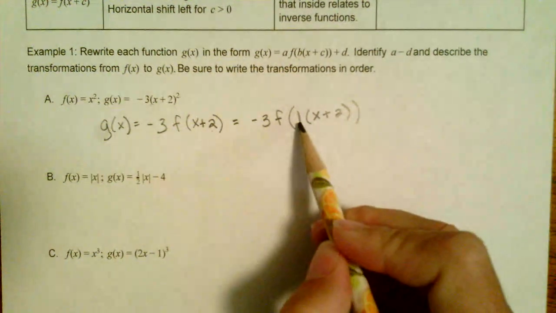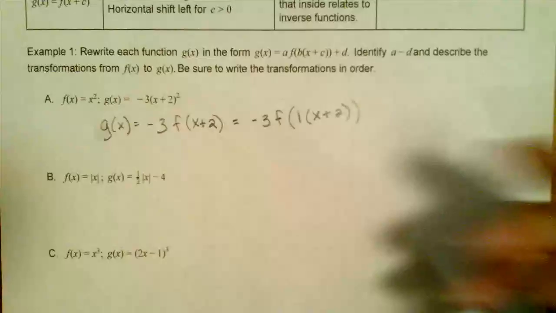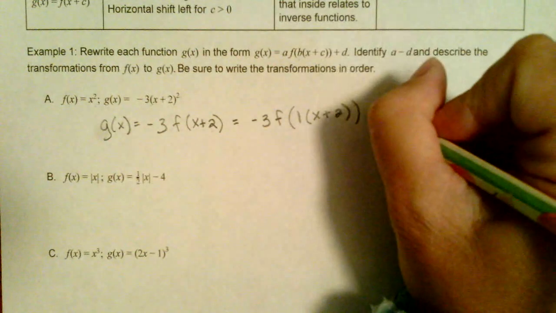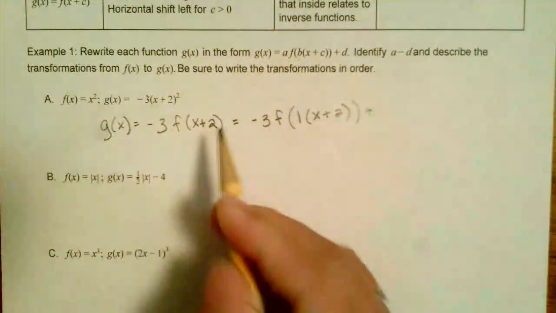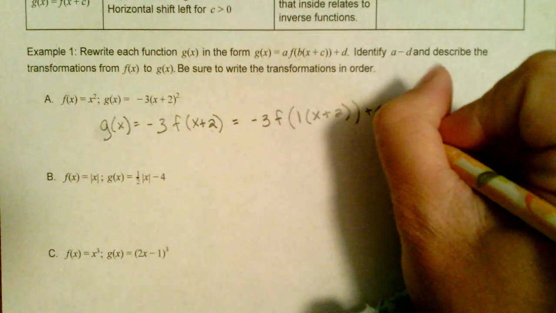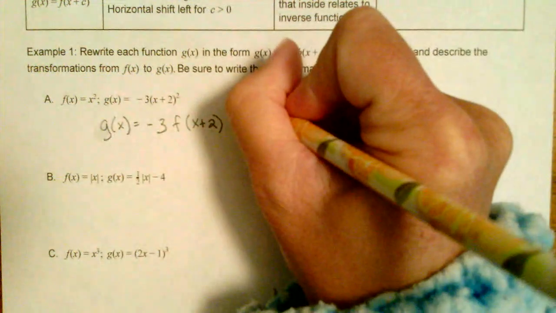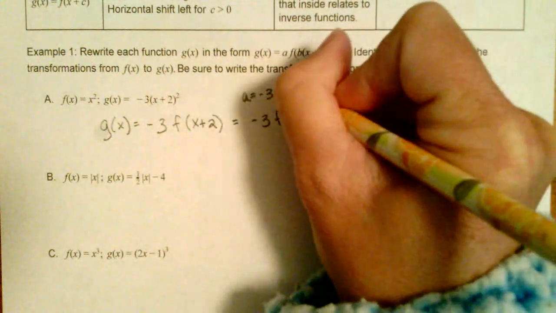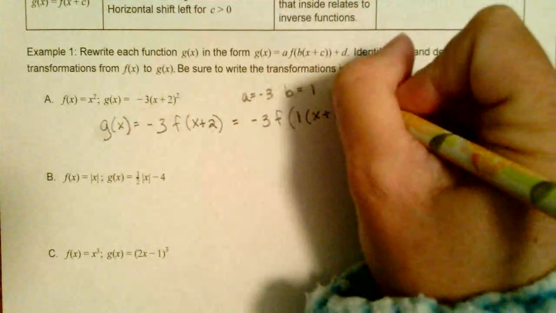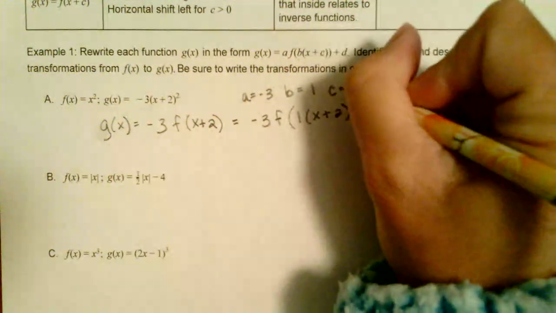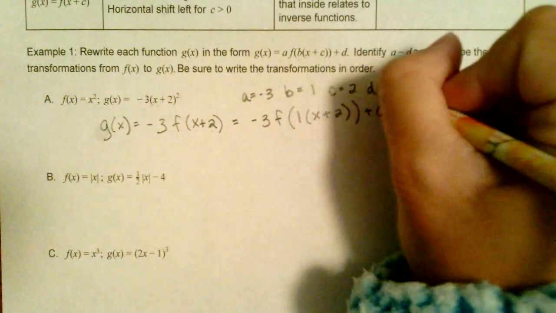Usually we would not put that 1, but we're putting it here just so I can be totally explicit. And then I don't have a constant afterwards, so we can remember that that's plus 0. So now my a is negative 3, my b is 1, my c is 2, and my d is 0.